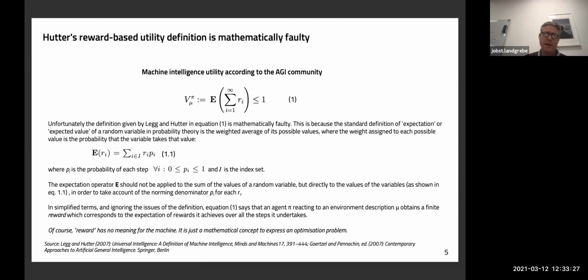The loss function wants to find a minimum, this function is supposed to find a maximum, but it's the same. Mathematically, they are quite close to each other. So it's just a way to express an optimization problem in the language of classical behaviorism.